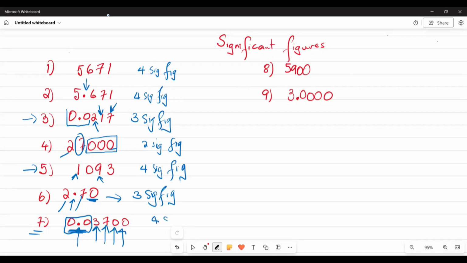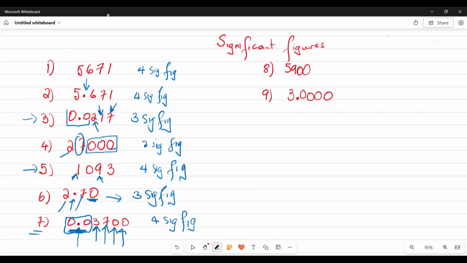Remember that when the decimal point is introduced, then zeros that come after it will be significant. So in this case, we have 4 significant figures. So we have to pay attention to when there is a decimal point and when there is none.